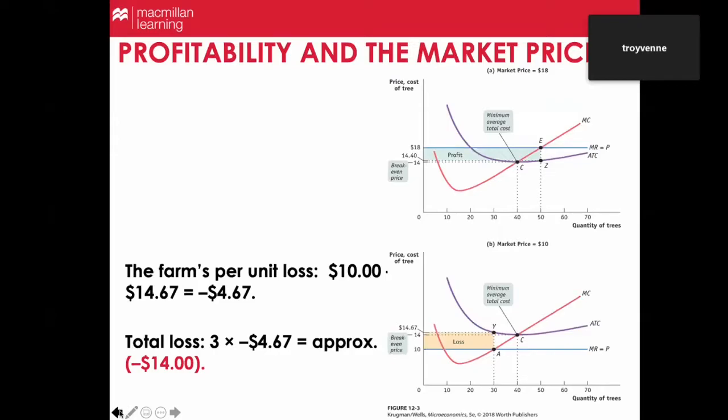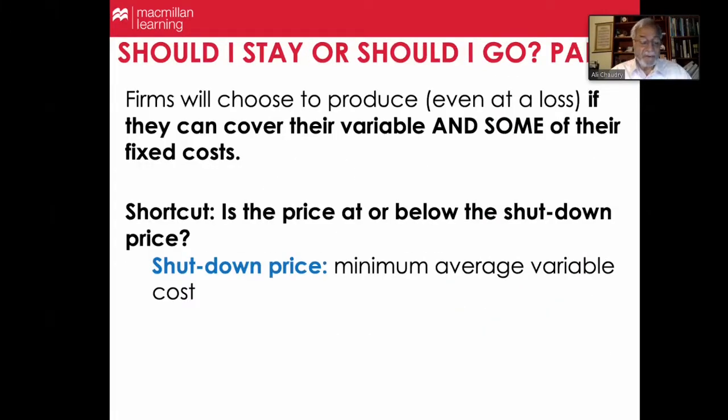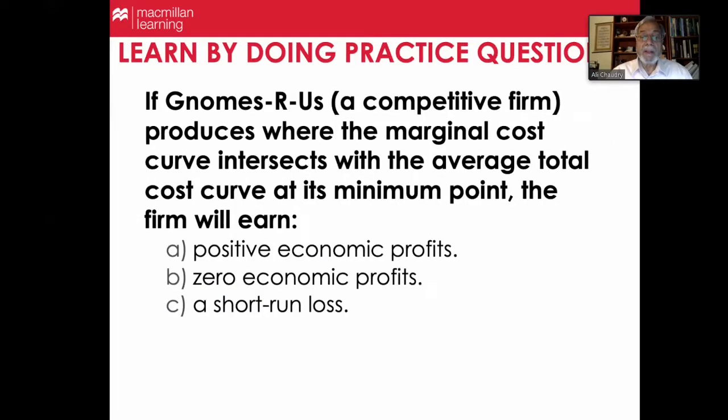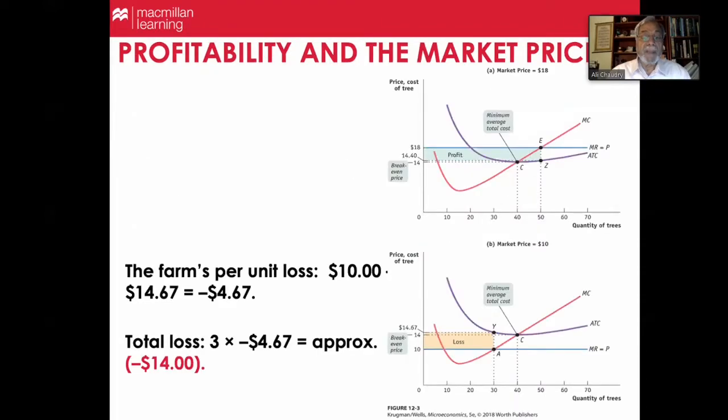The points that I want to make are really relevant in this part of the picture right here. All right. So what do we have here? We find that if the market price is $18, the break-even for this firm occurs right here, okay?